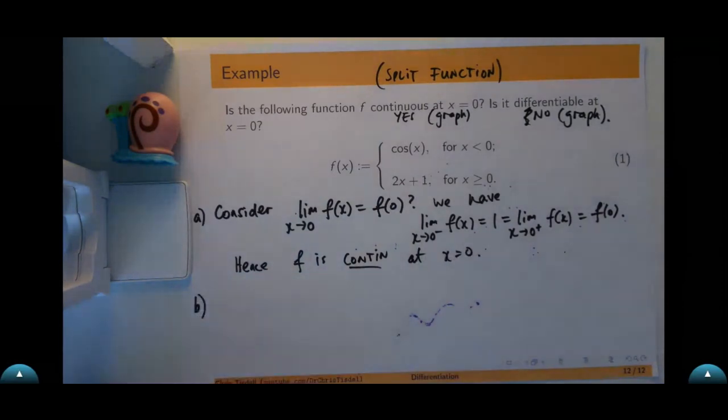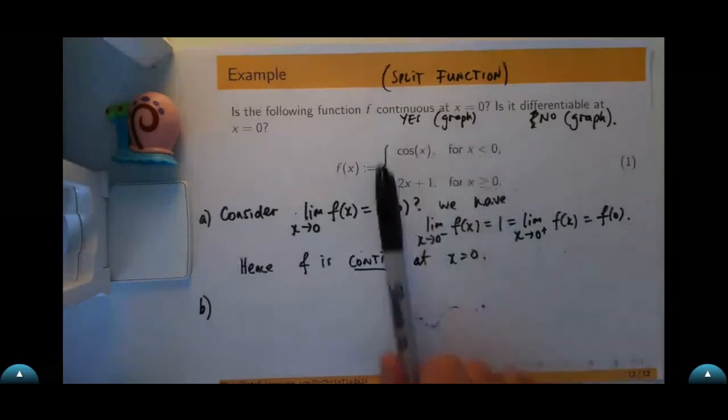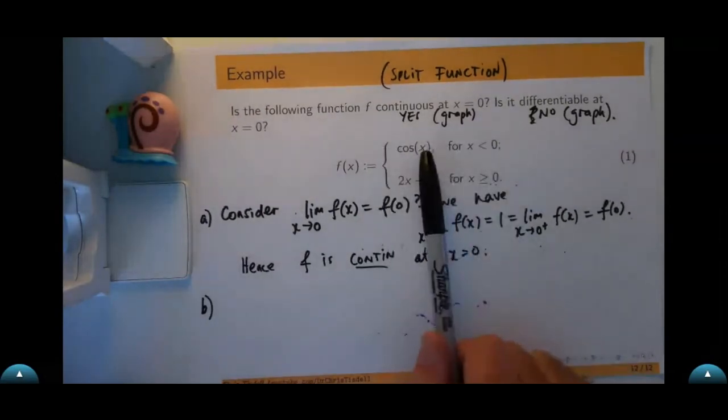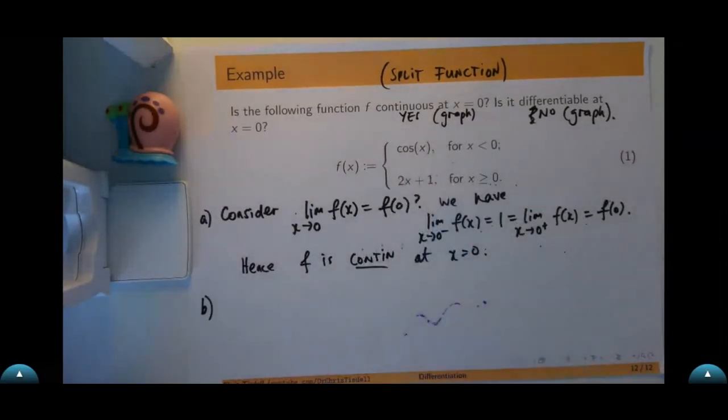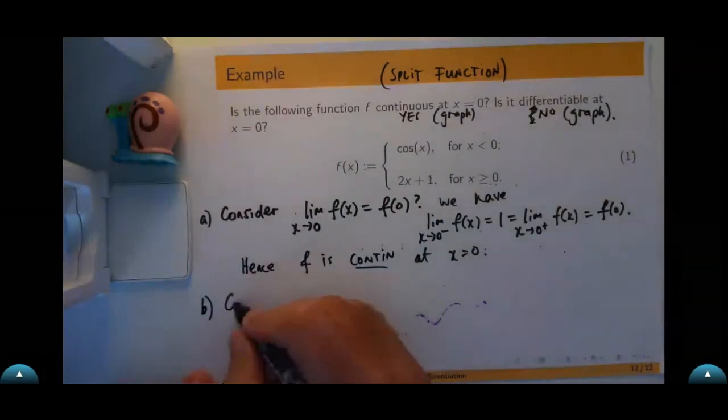All right, second part. Now this is a bit more difficult. I think next week we'll look at a theorem called the split function theorem. But how would you do this just using the original limit? Let me show you.